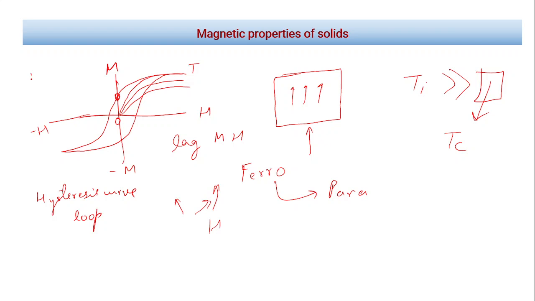So magnetization is not following the field that we are applying. So there is a lag between M and H.